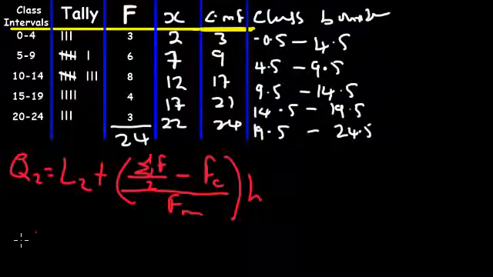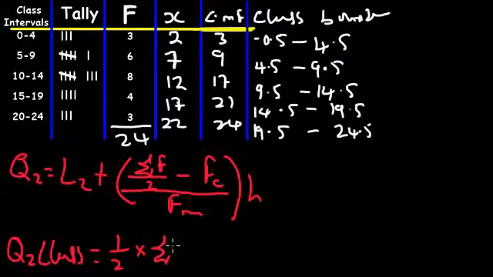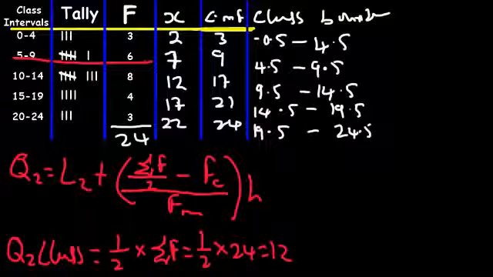So therefore, what will be L2? Let's find the Q2 class. That will be 1 over 2 times summation of f. That's 1 over 2 times 24, which is 12. So what class interval is at the 12th position? When we get to 9, we exceed 5 to 9.